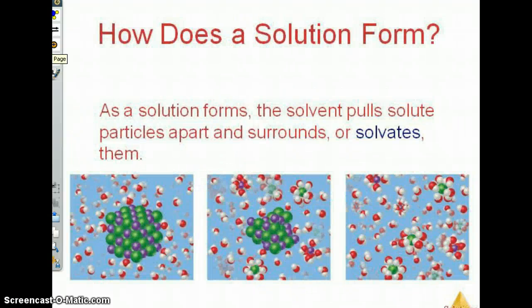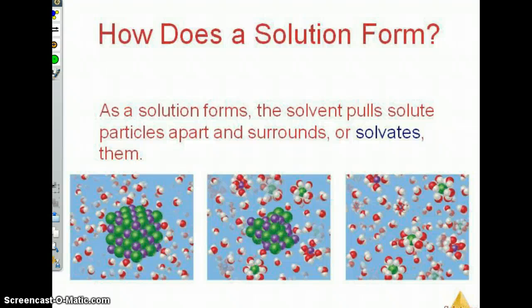Okay, how does the solution form? Well, I think I basically just went through that, okay? First we have the solvent, which in this case is going to be what? The water, okay? Pull the particles apart and then surrounds them, meaning the sodium and the chloride ions, okay?